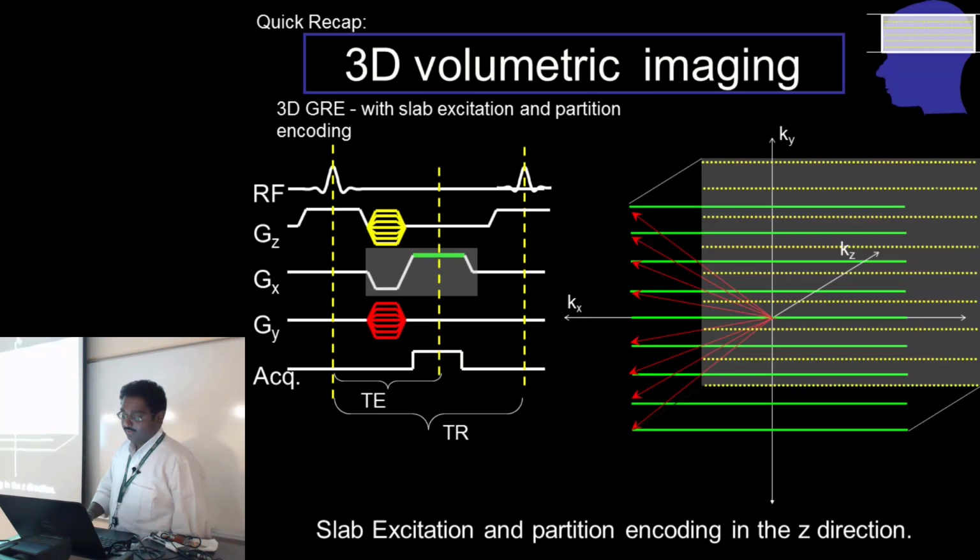It's essentially applying a step gradient to go through the z part of k space, and in this case the imaging time becomes Nz times Ny times TR.